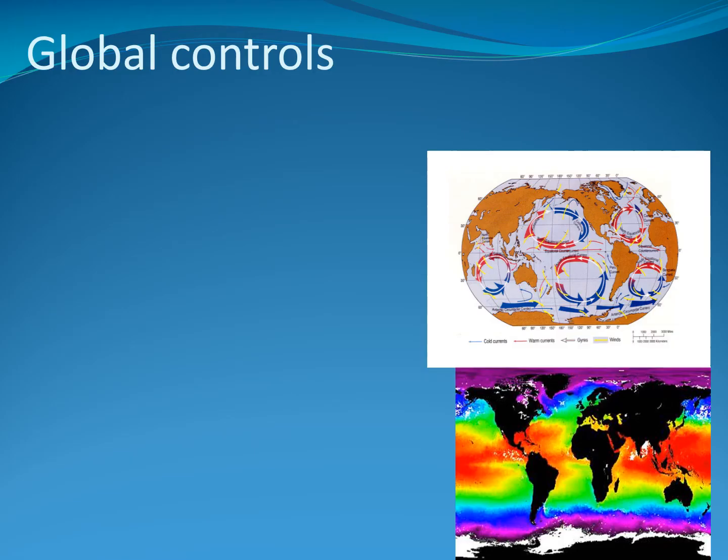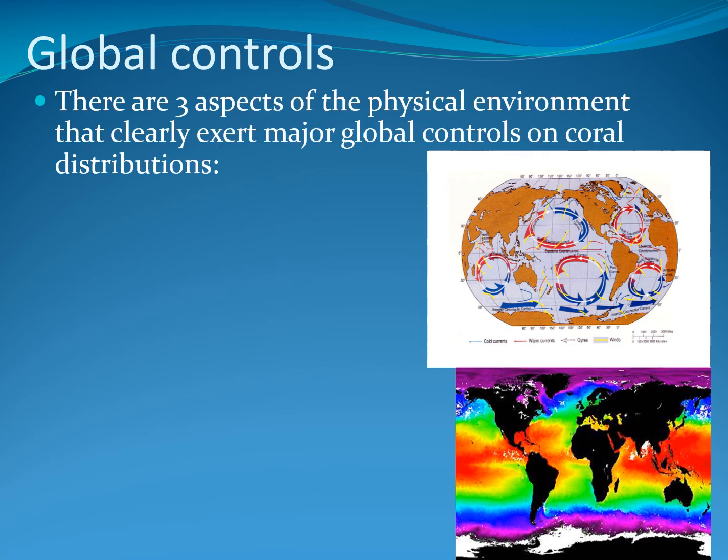Following on from that, there are not just larval distribution, but other aspects that affect the distribution of corals globally, and one of them is the circulation patterns. You can see these ocean circulation patterns here, where the trade winds drive these global circulation patterns.